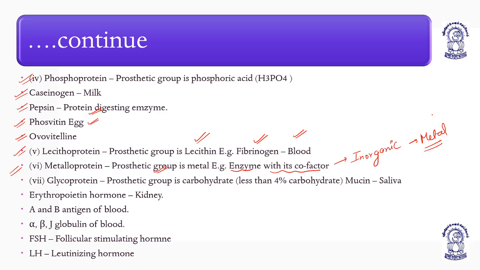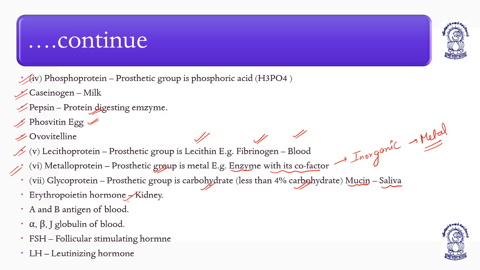Next, glycoprotein. The prosthetic group is carbohydrate, less than 4% carbohydrate, like mucin in saliva. Understood?